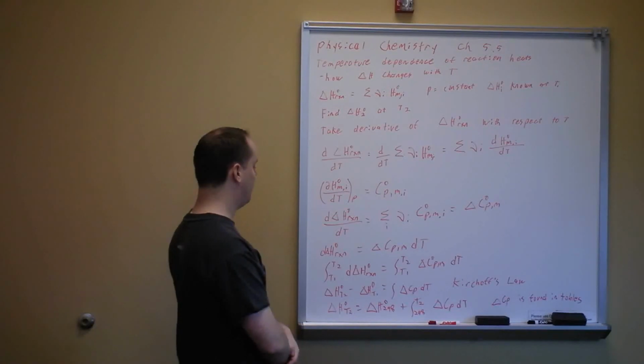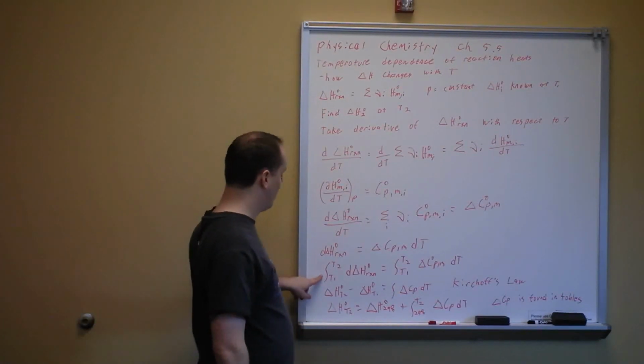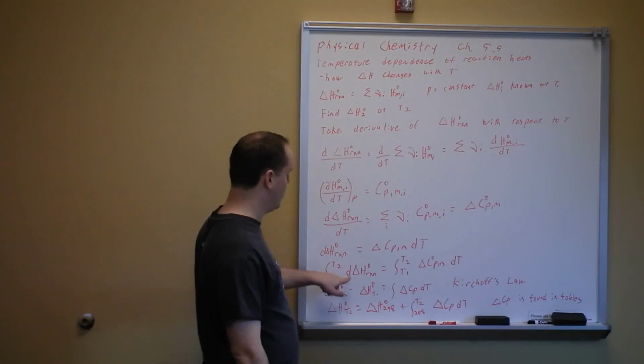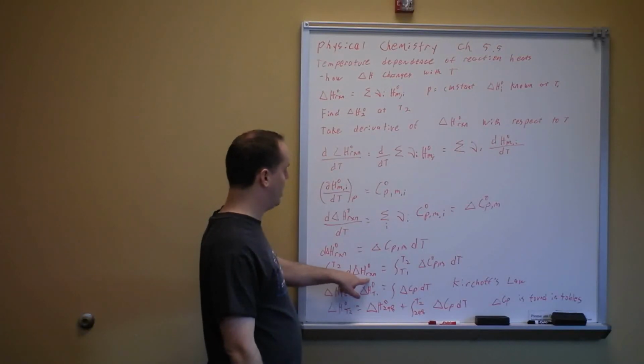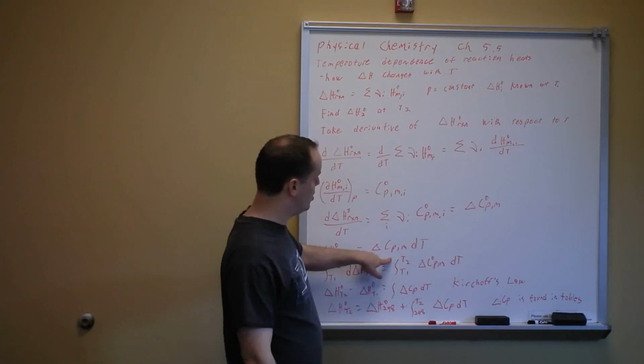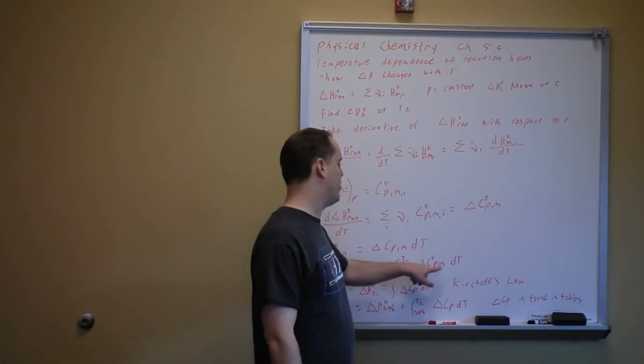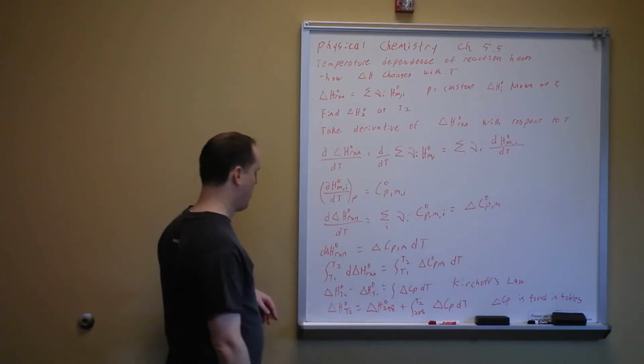Now we can integrate both sides with respect to temperature. So we have the integral from temperature 1 to temperature 2 of the differential of the change of enthalpy of reaction at standard state equal to the definite integral from temperature 1 to temperature 2 of the change in molar heat capacity at standard pressure with respect to temperature.